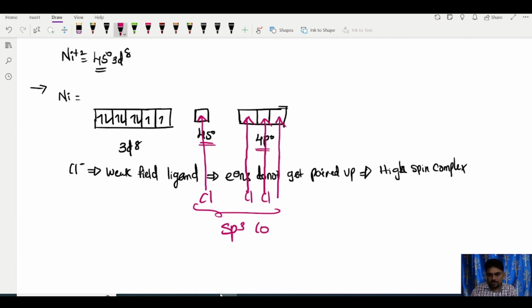So what is it? It is an outer orbital complex. And is it paramagnetic or diamagnetic? Paramagnetic with 2 unpaired electrons.